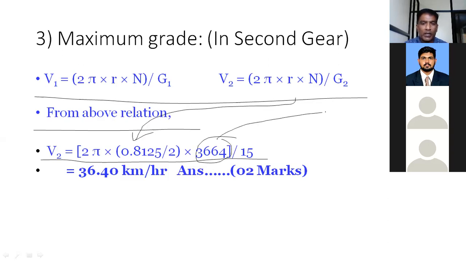Engine speed is not going to change. Whatever N we have calculated, that is constant. So accordingly, we can get the value of this V2.